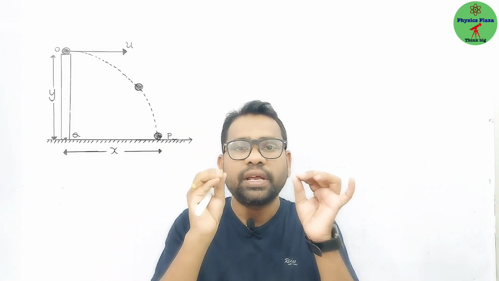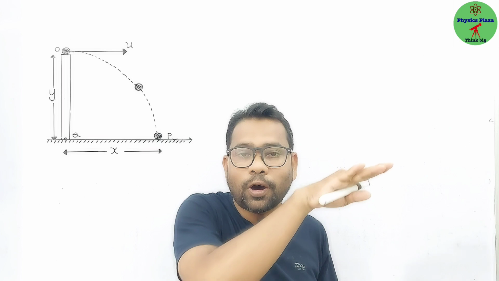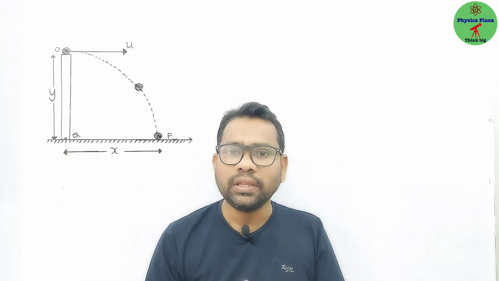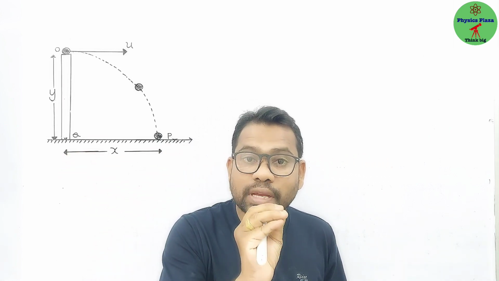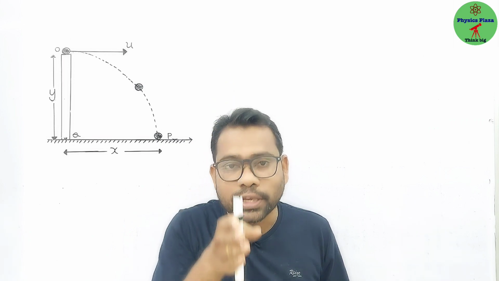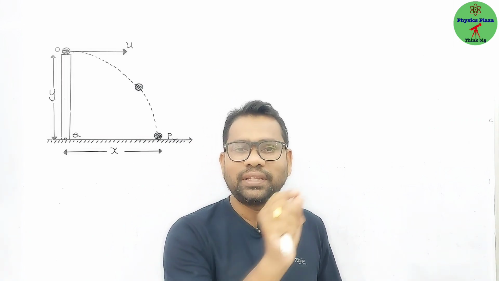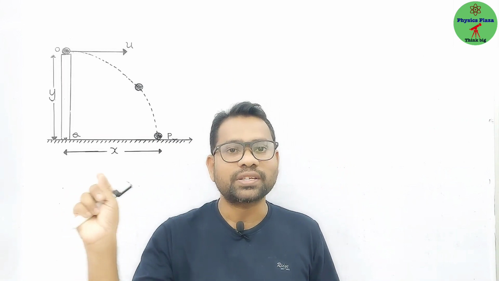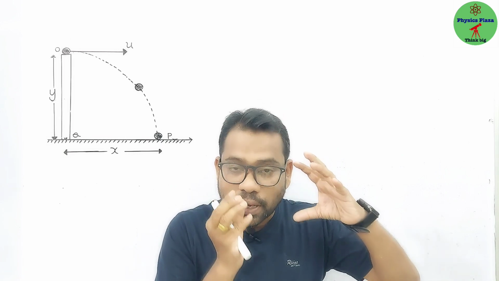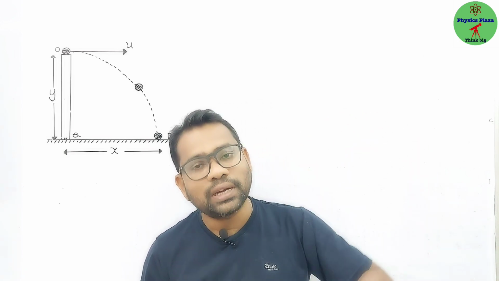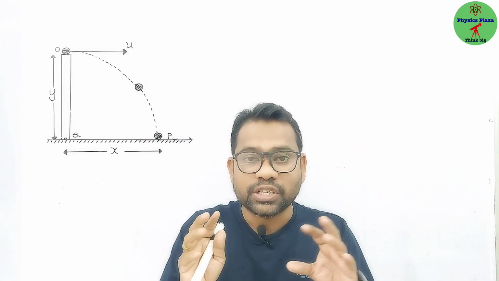Hence no force acts on the projectile in the horizontal direction. Only the gravitational force acts on the projectile, in the downward direction. Hence there is no acceleration in the horizontal direction. The projectile has acceleration only in the vertical direction. So these are the conditions.